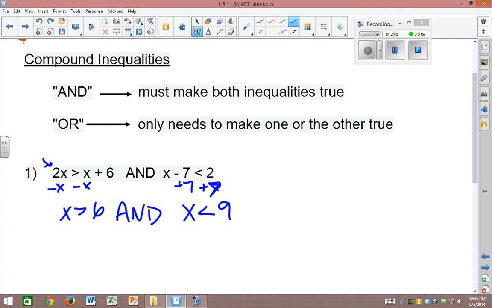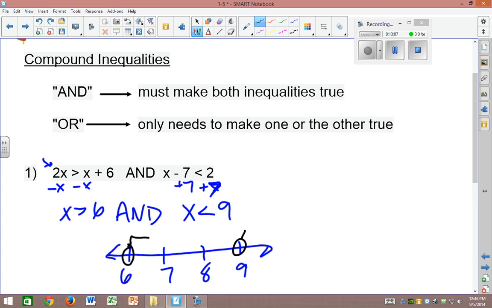So think about your number line. Things that are bigger than 6 would go this way forever, but I'm not going to shade it quite yet, because we have to make this true at the same time.